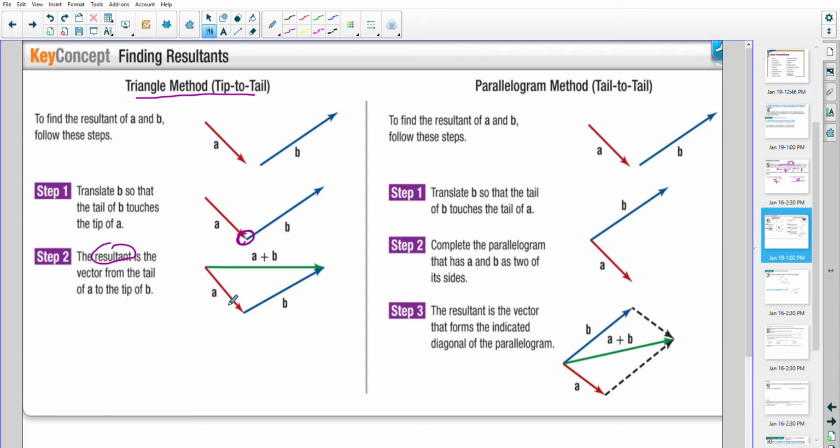You're going to hear me say a lot, this is the initial vector, this is the impact vector, and this is the resultant. You start with something, there's going to be an impact like wind or current, and then the resultant, the true course of the particular object, would be the green one.